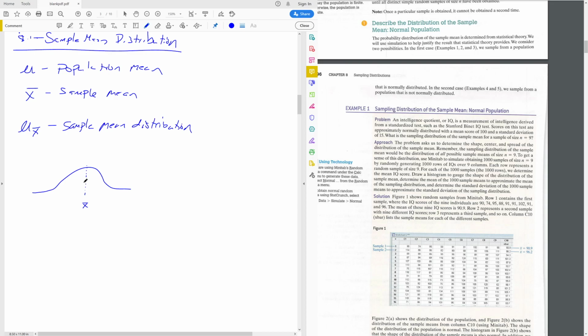So let's say I give this to you guys as a project, and I say, okay, go out and sample 30 students and find their average height. Each one of you is going to randomly select different people to ask, and so each one of you is going to have a different average.